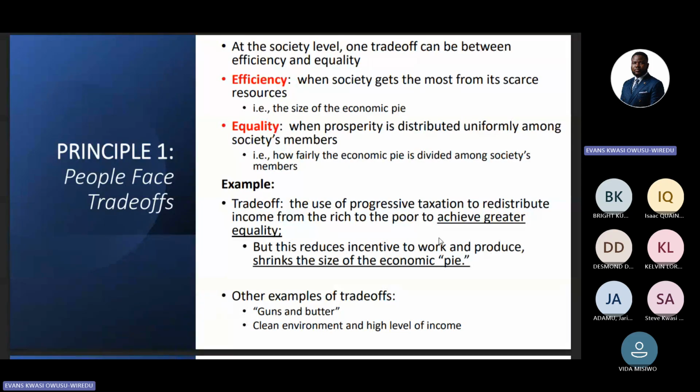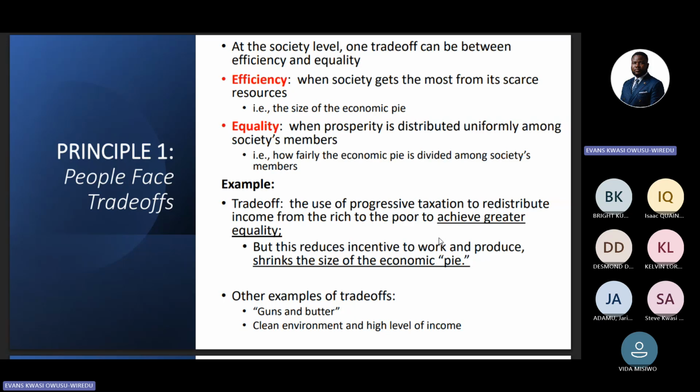So how fairly the economic pie is divided among society's members. Trade-off: the use of progressive taxation to redistribute income from the rich to the poor to achieve greater equality. Okay, so progressive taxation is when the rich are taxed. This issue that I'm about to talk about is the issue of progressive taxation.